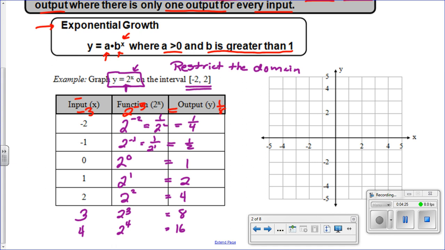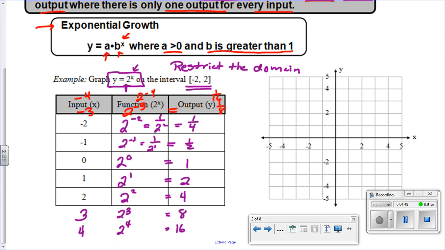And if I were to continue this on and go 2 to the -4th power, that would be 1/16. So you'll notice the relationship between these values here and these values here is that they're reciprocals of each other. Okay, let's graph this on our graph here.